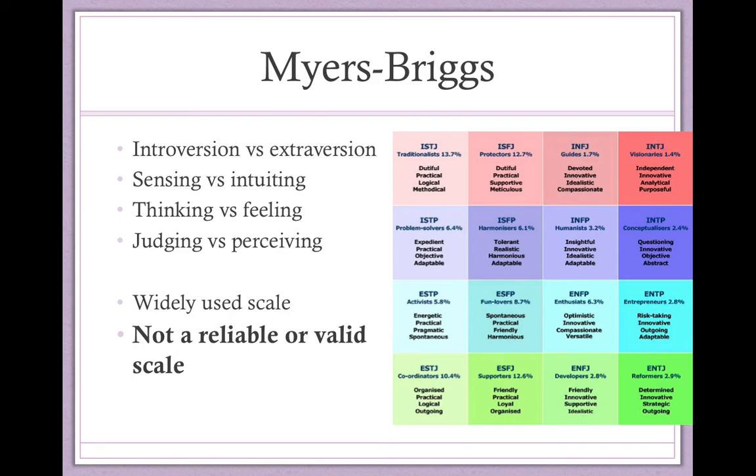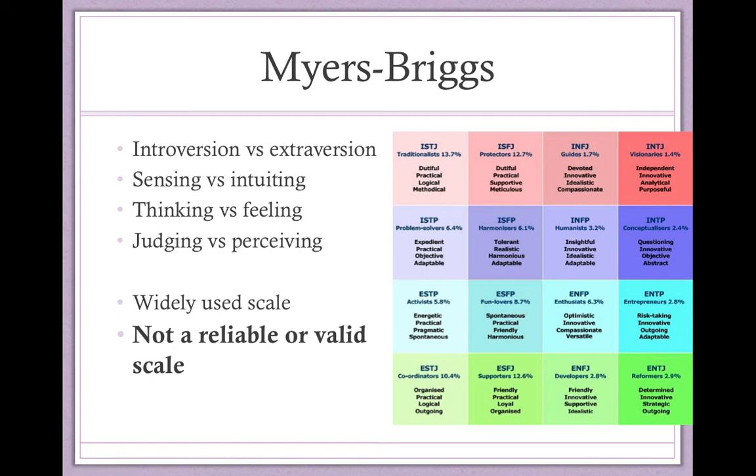It is not reliable because you can take it multiple times and get different personalities. You can get INFP one time, and then you can get INTJ another time. And it's not valid because it doesn't accurately predict anything.